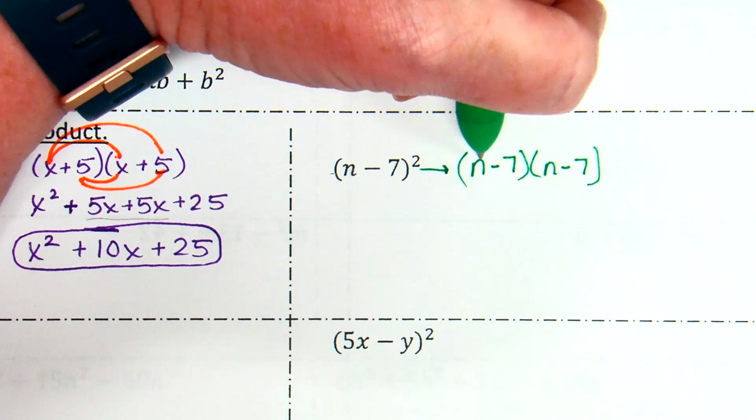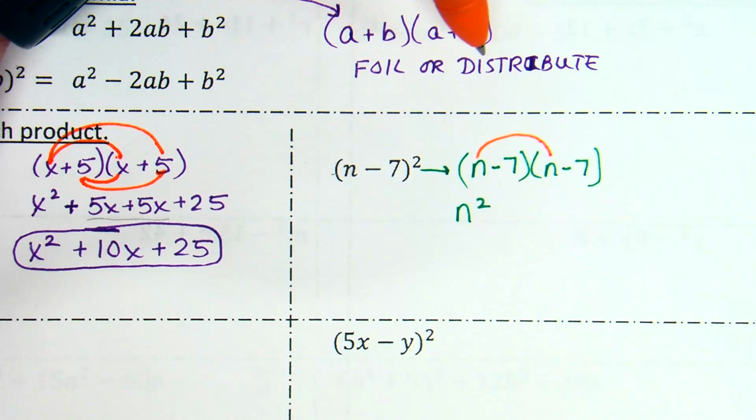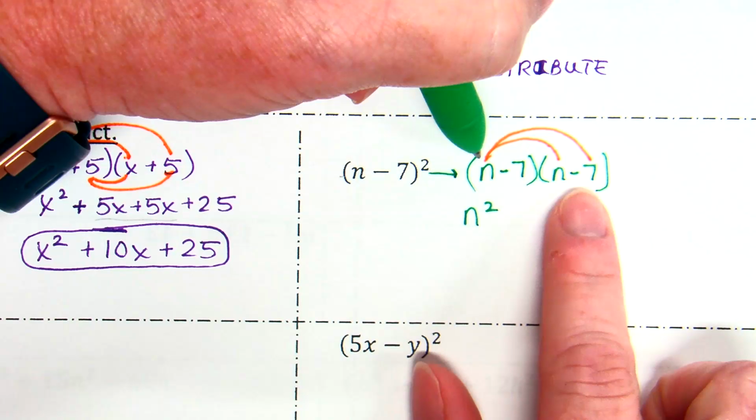Well, what are you multiplying next? I'm hoping you're talking about this 7 and n. We're just taking this n times n and then n times 7. And this is n times a minus 7, right? So you take n times minus 7, smush them together, minus 7n.